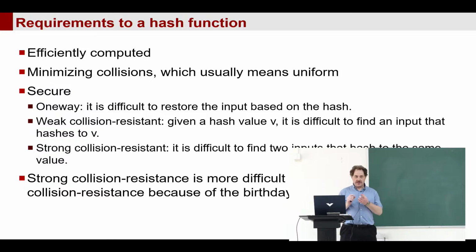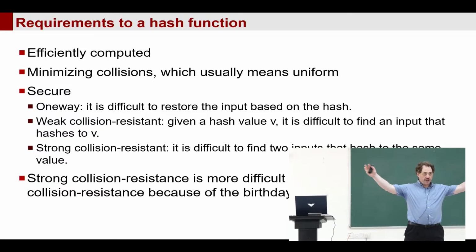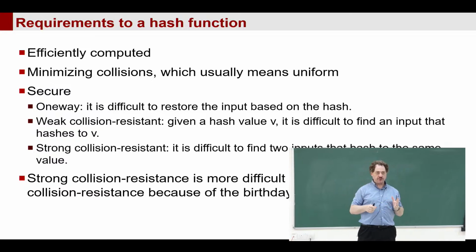We want to minimize the collision. What does it mean? Usually we take large input and compact it, compress it. This is what the hash function does, into a short output. It means that the input space is much bigger than the output space.